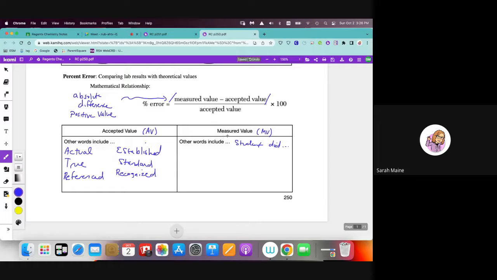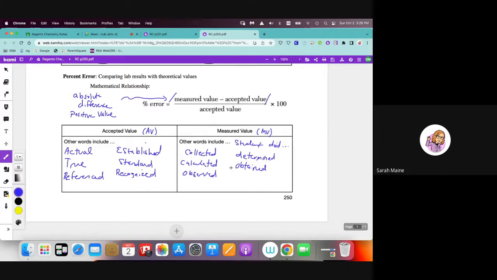So terms, it could be the student measured, the student collected, the student calculated, the student observed, the student determined, the student obtained, right? So anything that the student did would be a big clue that that's the measured value.